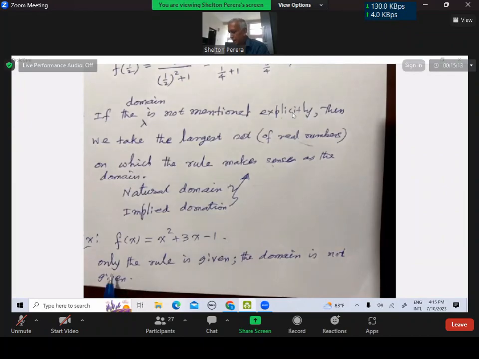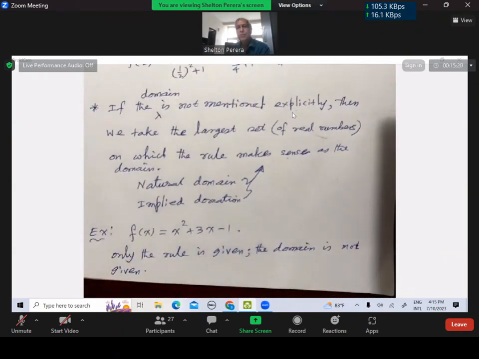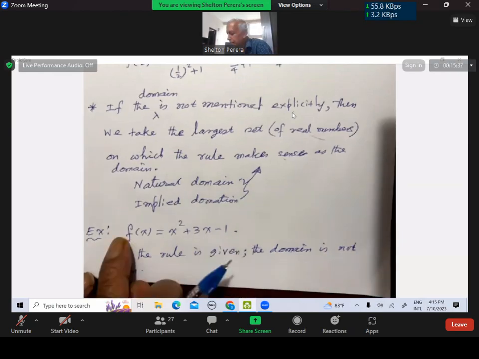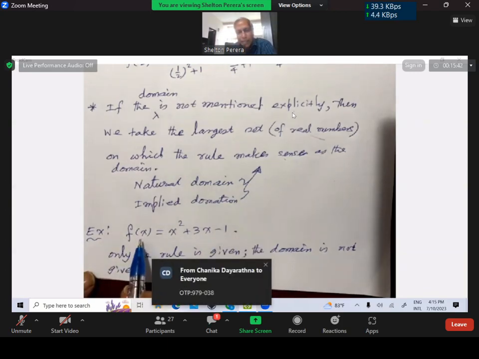So here is a situation where just a rule is given. Only the rule is given, the domain is not given. So what do we take as the domain? We think of the largest subset of R for which this rule makes sense. Meaning when you input a real number, whatever number here, you must get an output.